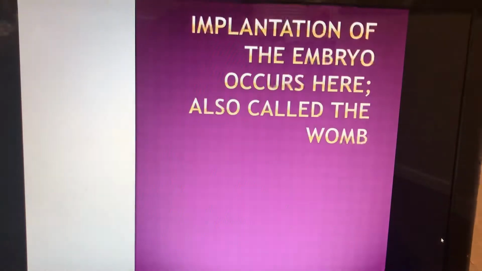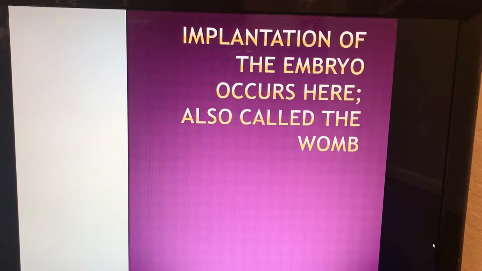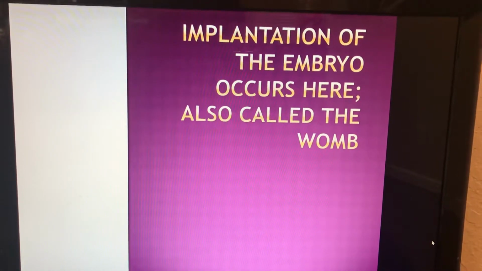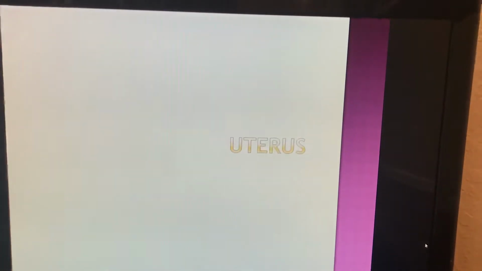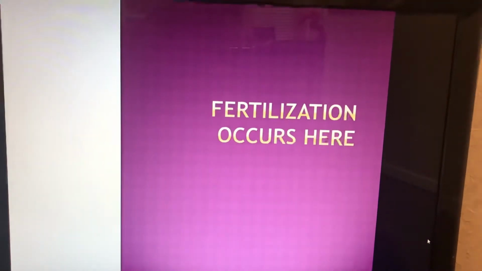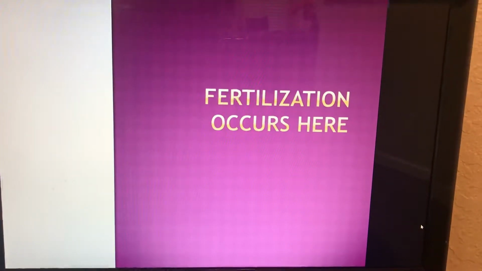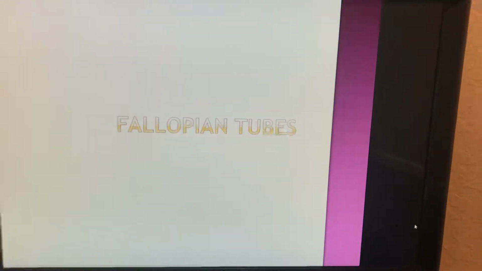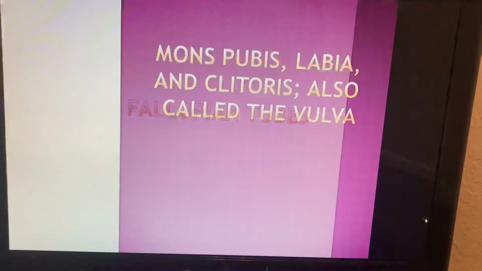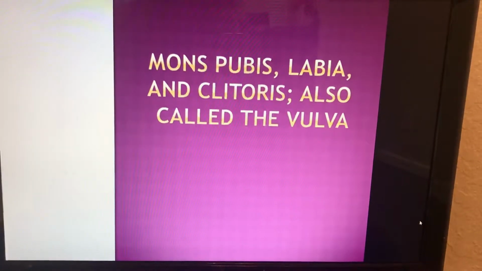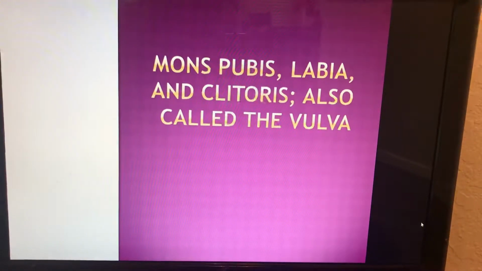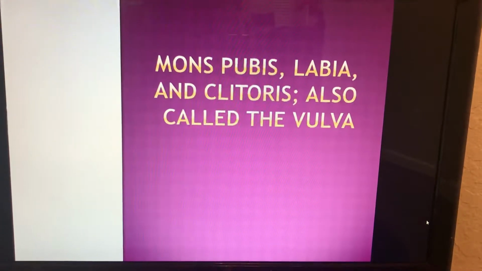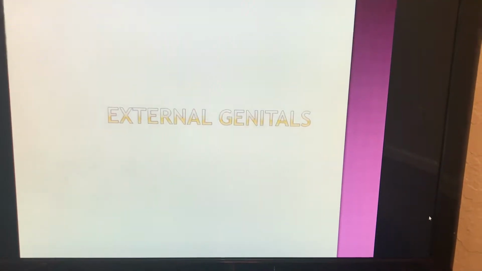Perineum. Implantation of the embryo occurs here and is also called the womb. The uterus. Fertilization occurs here. Fallopian tubes. Mons pubis, labia, and clitoris, also called the vulva. These are your external genitals.